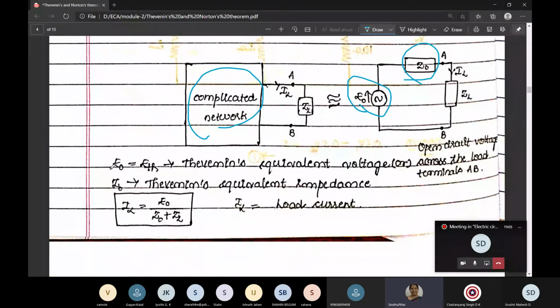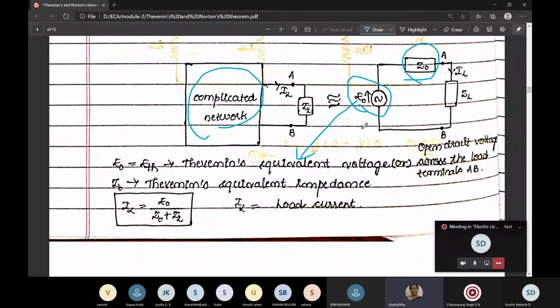Fine. So E0 or ETH, we call it ETH also, is Thevenin's equivalent voltage or open circuit voltage across the load terminals. That is important. What is this E0? E0 is Thevenin's equivalent voltage or open circuit voltage across the load terminals. And what is this Z0? Z0 is Thevenin's equivalent impedance.